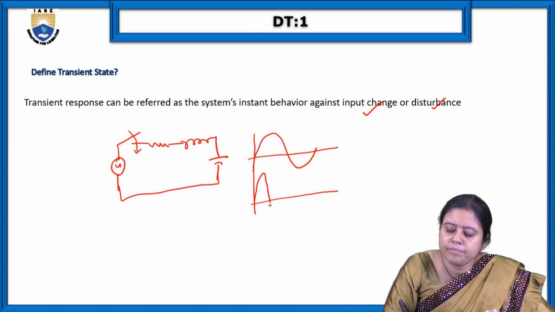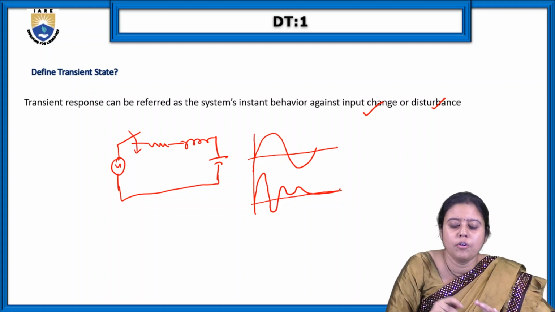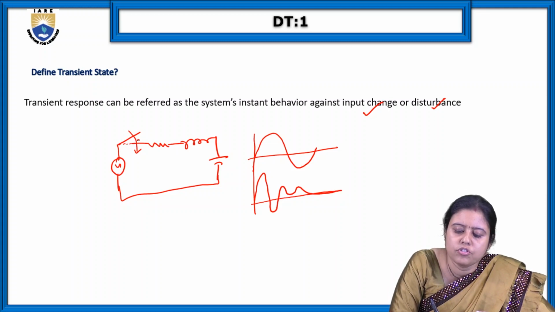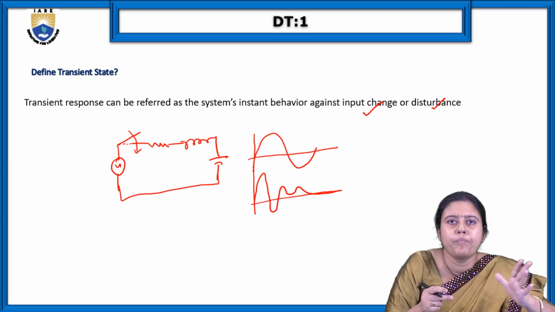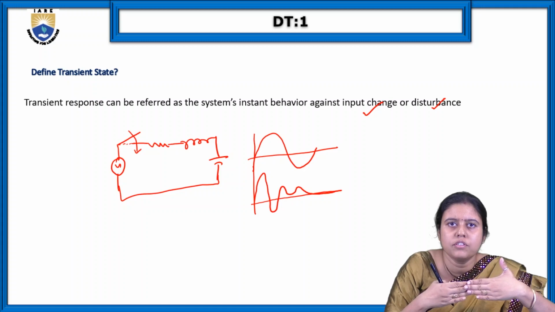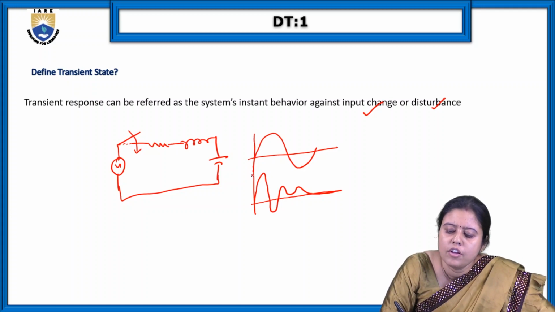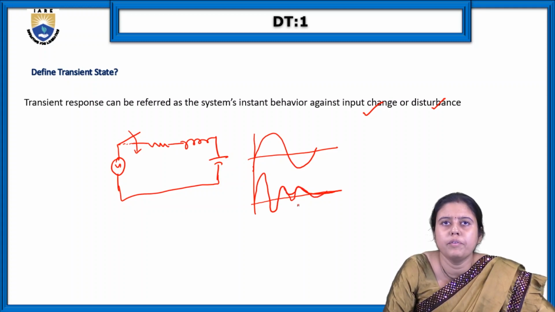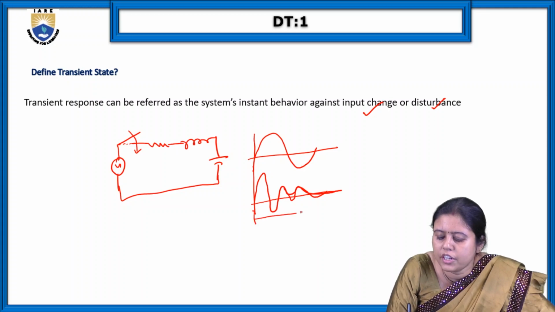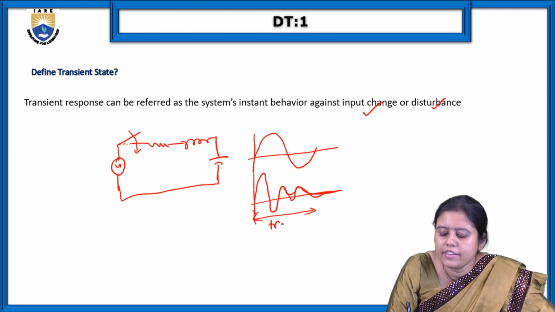It will come down and slowly it will go to 0. First condition, switch is closed. Second condition, switch is open. It will follow some transient and then it will stop. This portion is known as the transient portion.